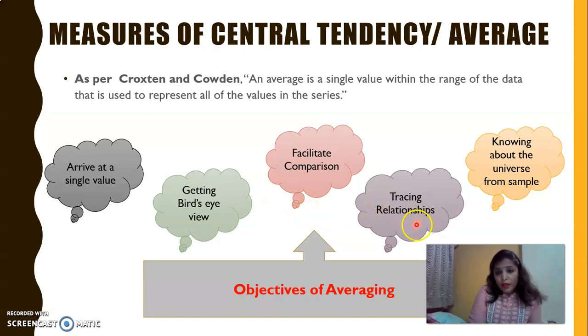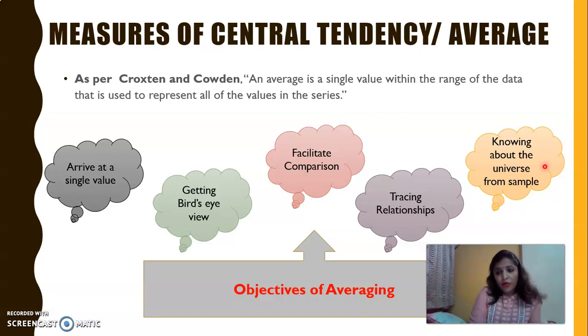Then the next objective of averaging is it helps you in tracing relationships between variables. Then last is knowing about the universe from the sample. Whenever a researcher is doing research, it rarely happens that the researcher goes in for a census survey.